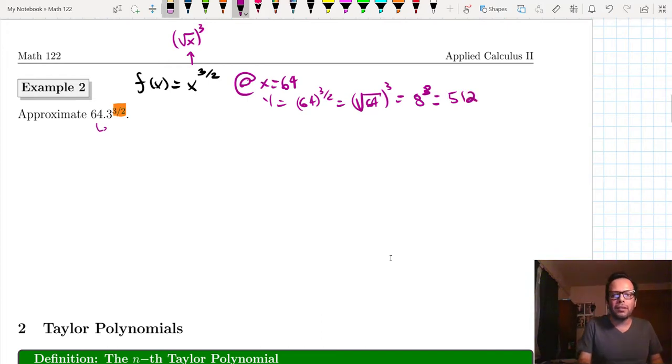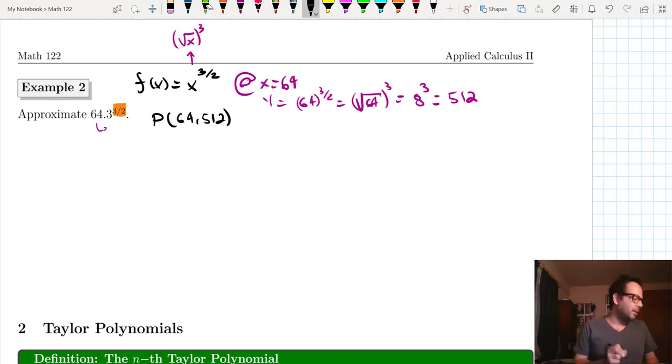Okay, let me write this cube so it looks neat. There it is. So far we have the point 64, 512.